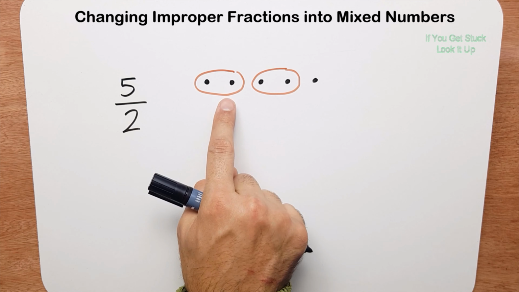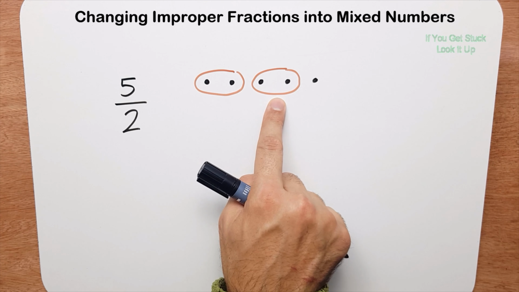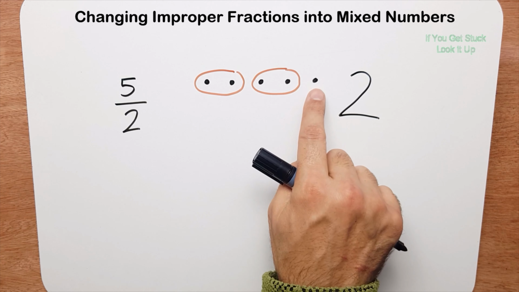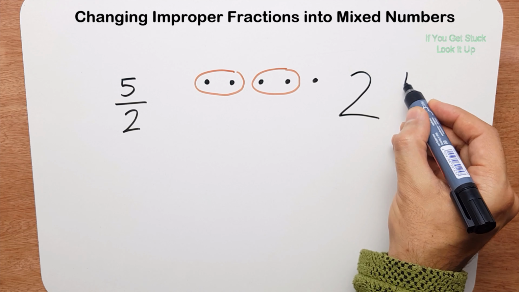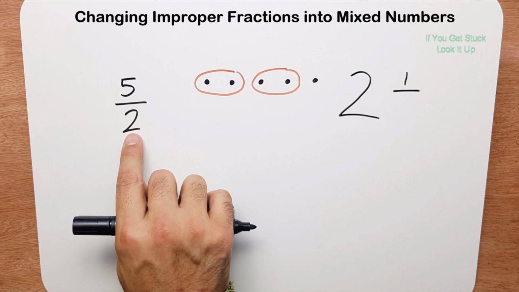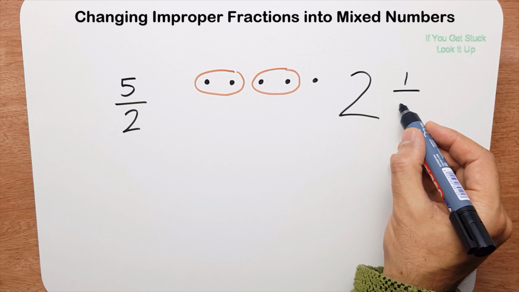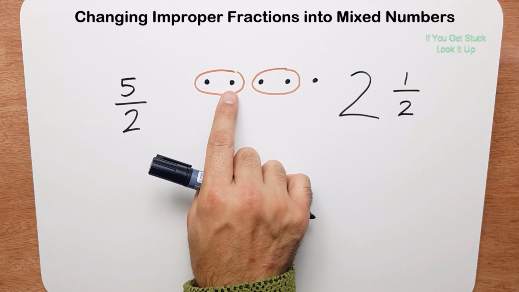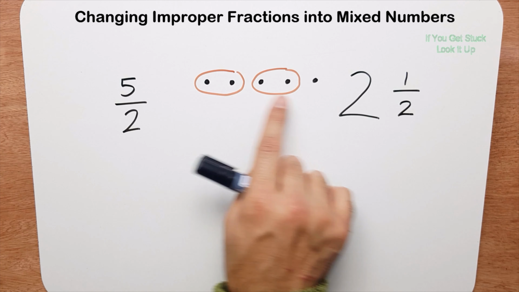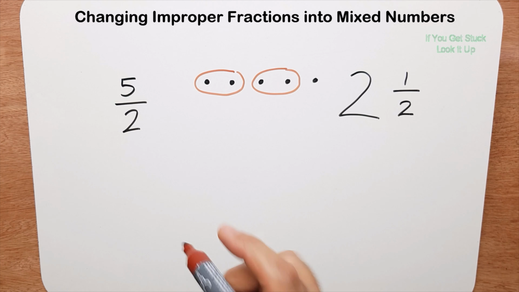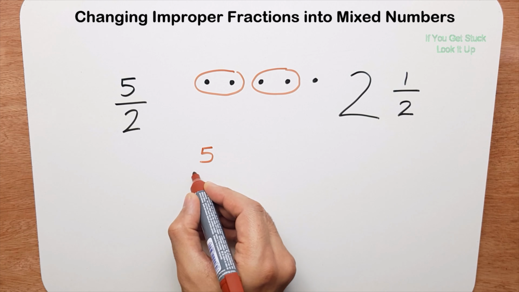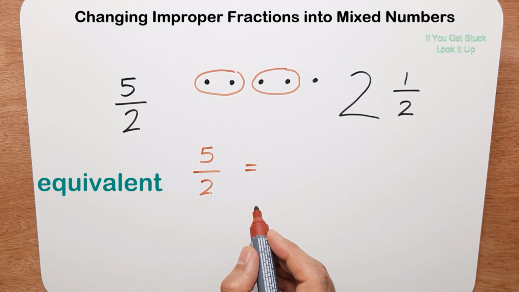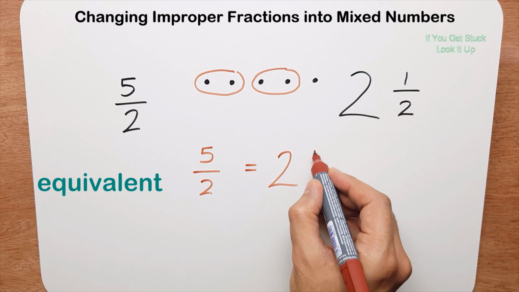So I count the number of groups. 1, 2. That's my big 2. Remainder 1. And this 2 goes straight to the bottom. Or this 2 is the number of pieces in each group. So I've got 1, 2 pieces, and that goes there. So I can say 5 halves is equivalent to 2 1/2.